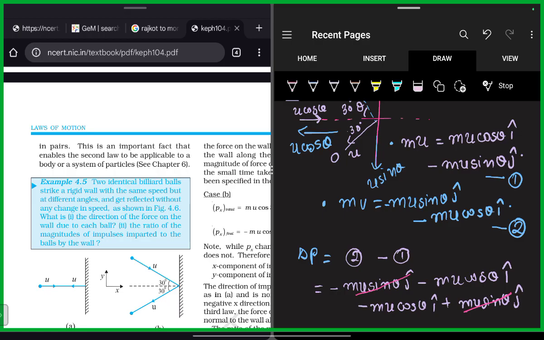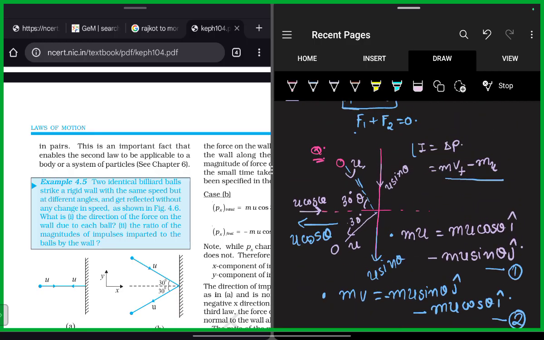So could you once again explain how we derived the expression for momentum, mu cos theta i cap minus mu sin theta j cap? First we resolve this velocity vector in its components.